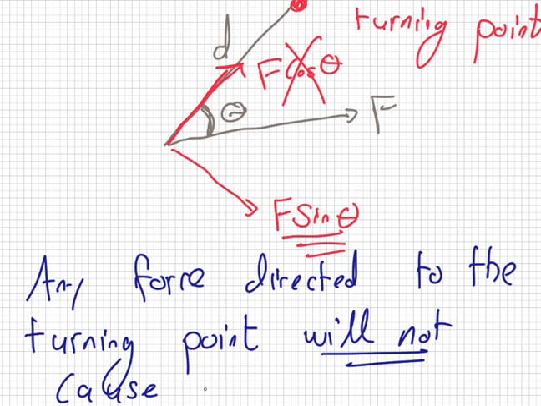Will not cause it to turn, I'll just say. Make it simple. So if you want to turn something, you can't have the force going towards the turning point. It won't make it turn.